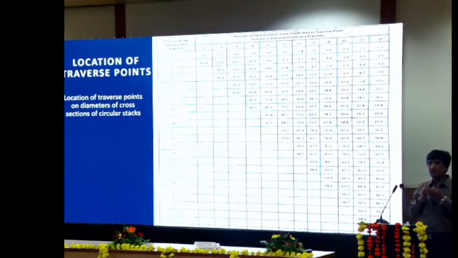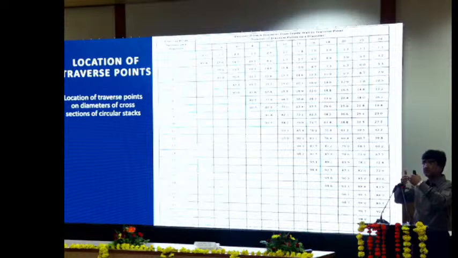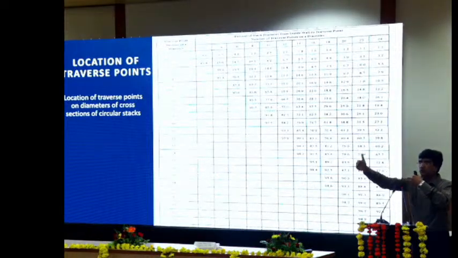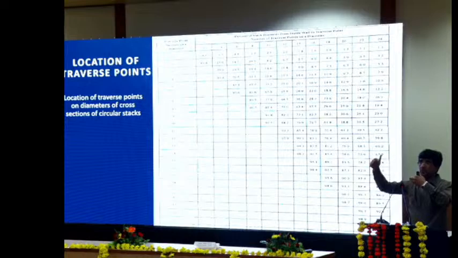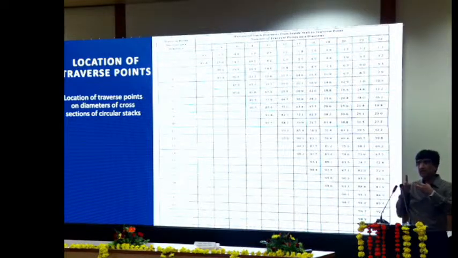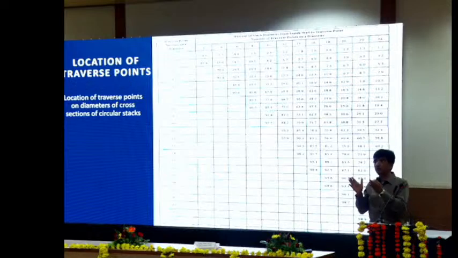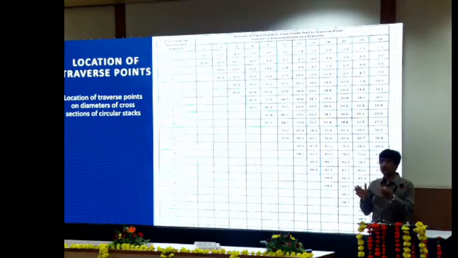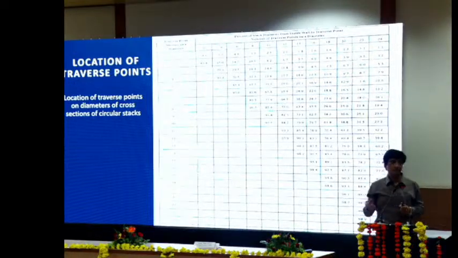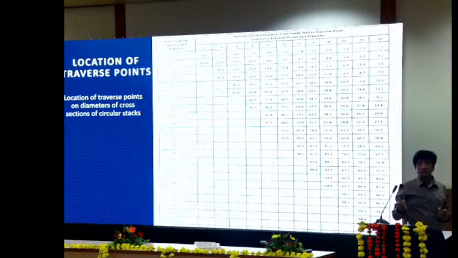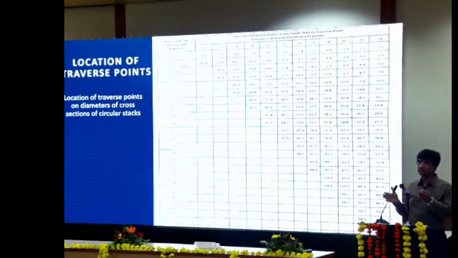So you have to be careful. These are the distances from the inside. For example, this is the place 1, 2, 3. This way you have to select 16 points. And the point you need to keep in mind is the wall thickness. Because in Bhubaneswar, where we had carried out the monitoring, the wall thickness was half a meter.